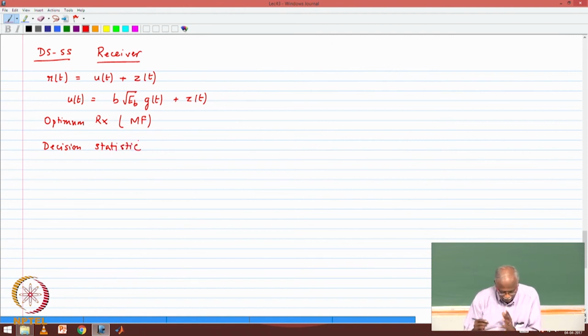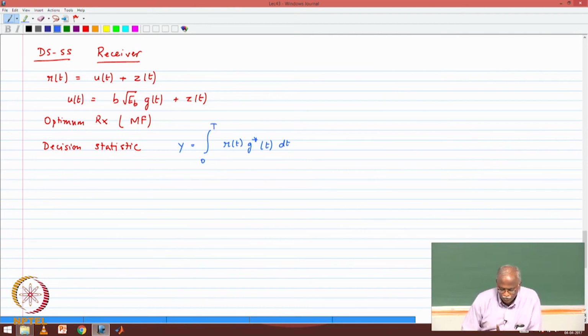Again, this is material I'm assuming is very familiar, but good for us to have the foundation. The decision statistic will be: you multiply the received signal with a conjugated version of the pulse shape g(t), integrated over 0 to T, a symbol duration.